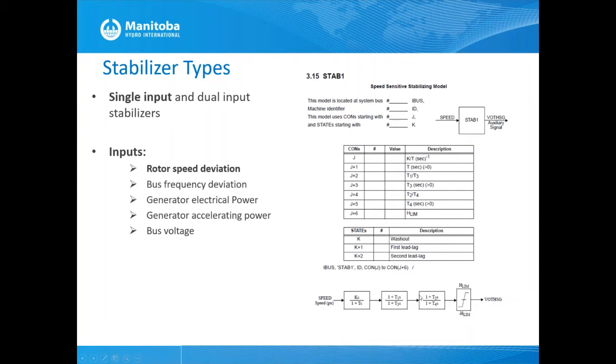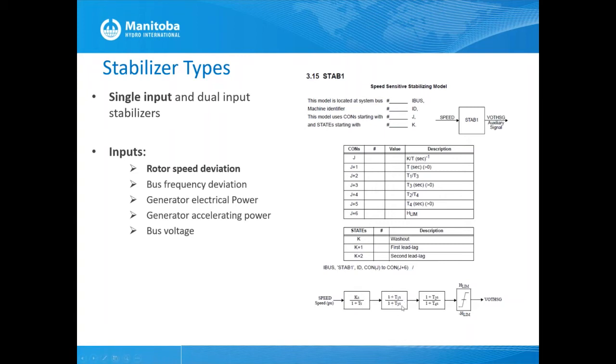So the stabilizer will not respond to slow changes. This filter has a cutoff frequency of probably 0.1 hertz or even less, a very low cutoff frequency. So only frequencies more than 0.1 hertz pass here. That's why it's called a washout filter.